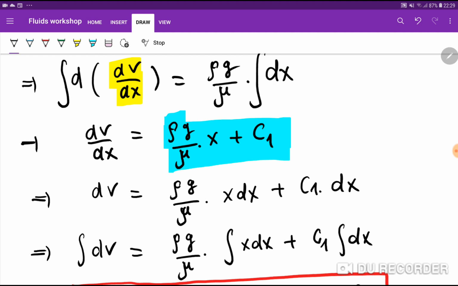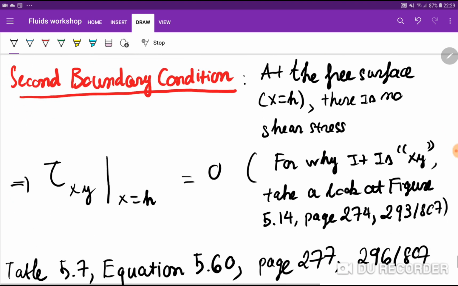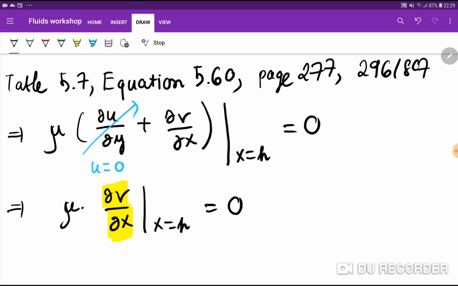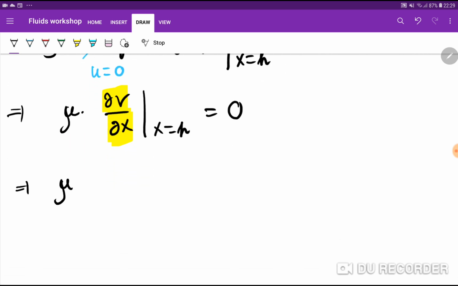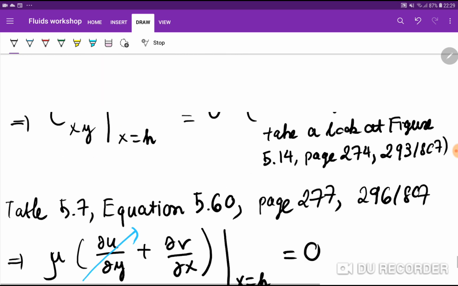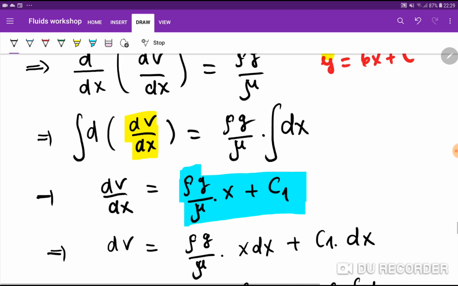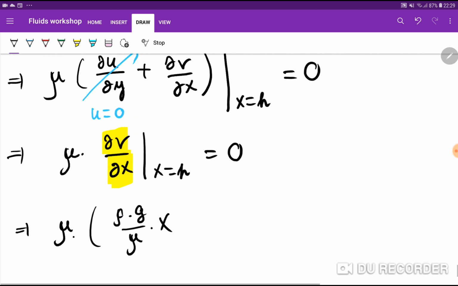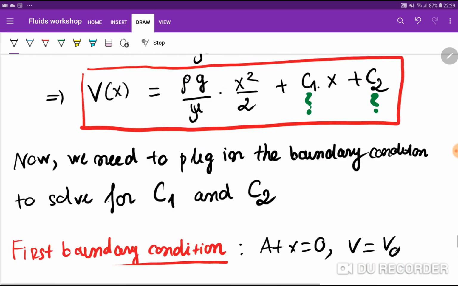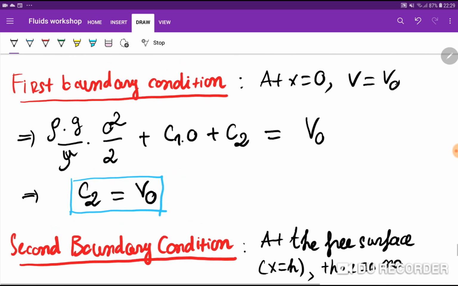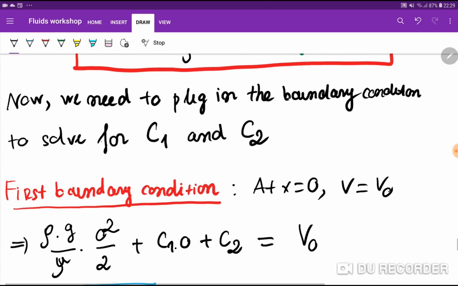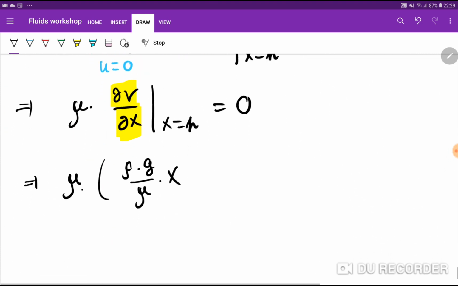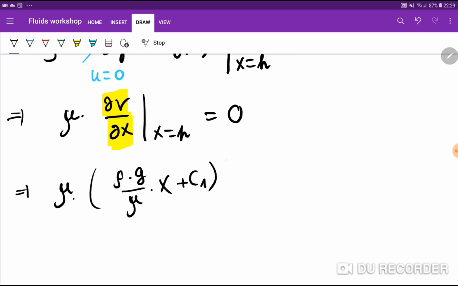So we plug it in: mu times rho times g over mu times x, plus c1. Do we have c1? No, we don't. That's why we're solving for it. This is evaluated at x equals h, equal to 0. I will highlight it so you know I'm substituting.